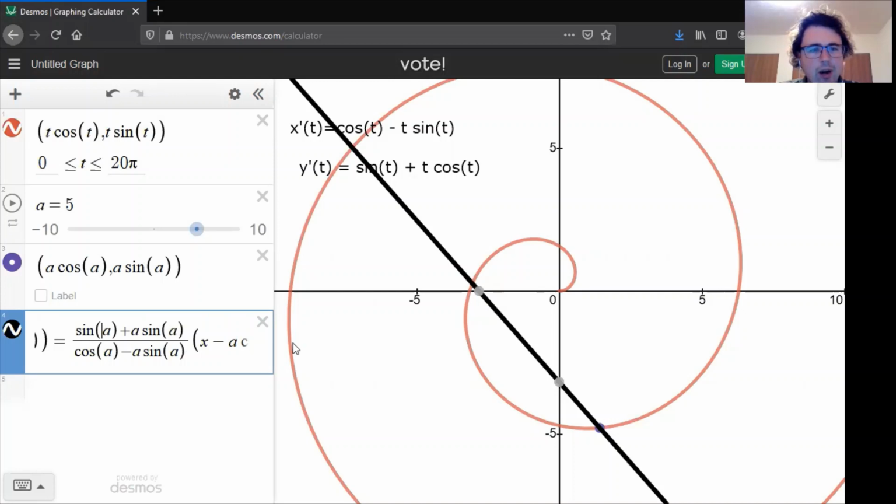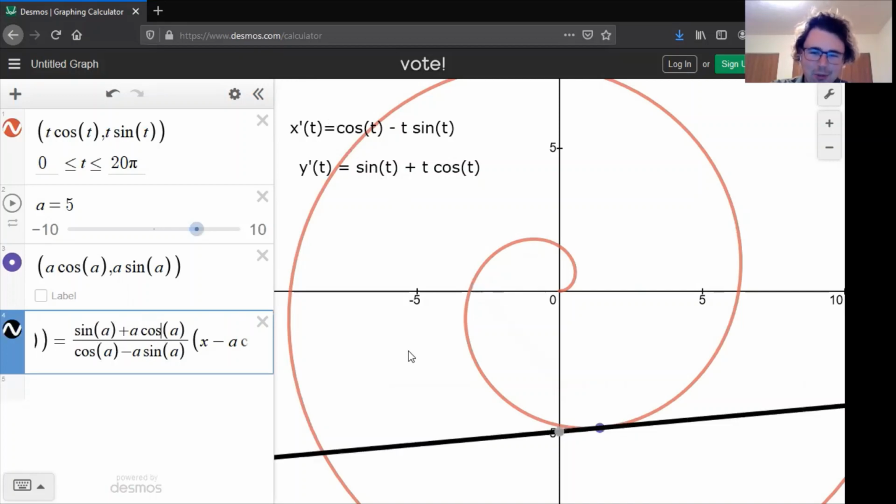Derivative of my y function is sine of t plus t times cosine of t. That's looking all right for now. Aha, of course, I have mistakenly put in sine where I should have put in cosine. That fixes everything.